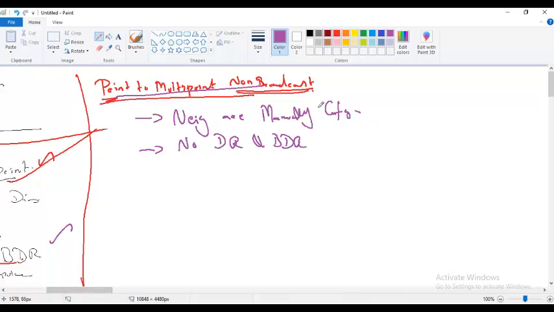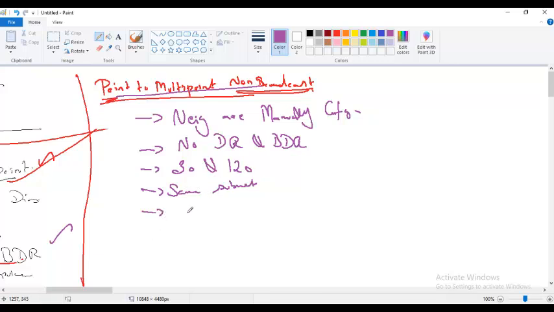Neighbors are manually configured, no DR-BDR, and the timers are the same, 30 and 120. Same subnet. Because no DR or BDR election is going to happen, this fits in any topology.